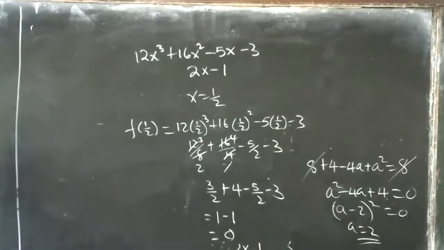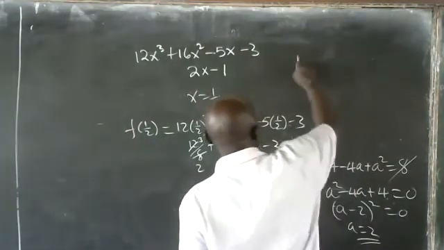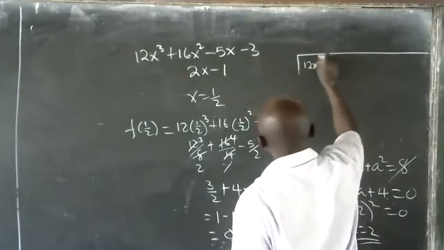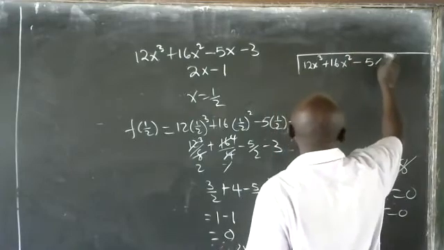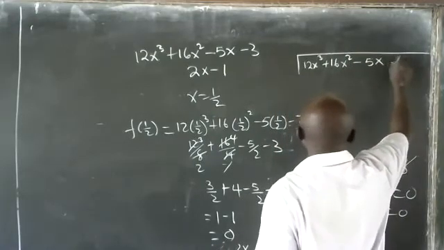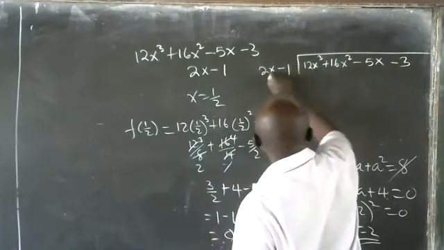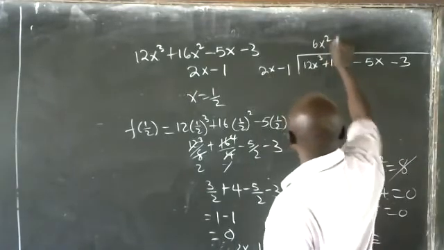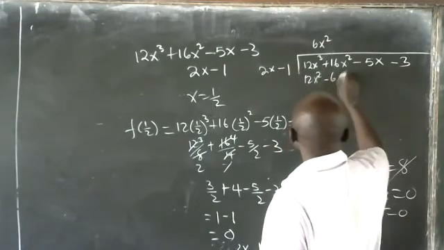Is that okay? So after that, we have to long divide to factorize. You have 12x cubed plus 16x squared minus 5x minus 3, and you have 2x minus 1. So this one goes here, 6x squared. Multiply, you have 12x cubed minus 6x squared.